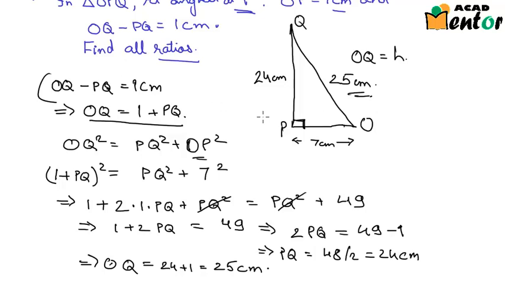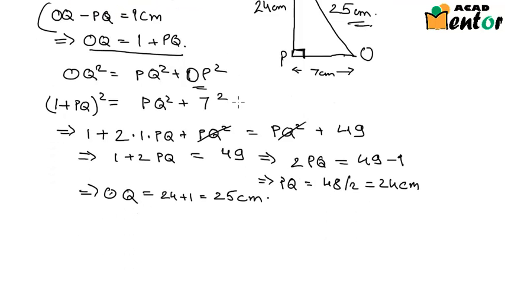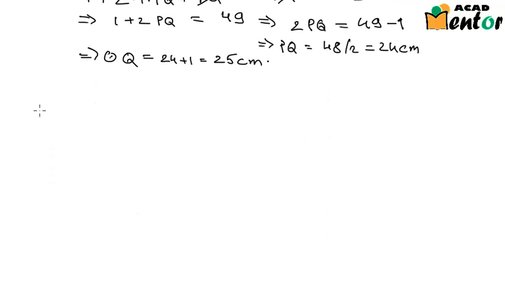So we can find out all the ratios now because we have the sides. Now let's find out quickly what the ratios were. I'm just drawing a rough figure here so that we have, this was Q, this was O, this was P. We had PO as 7 centimeters.